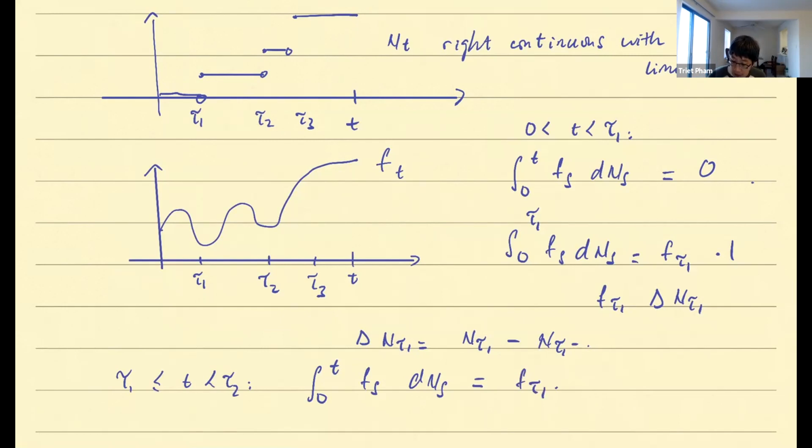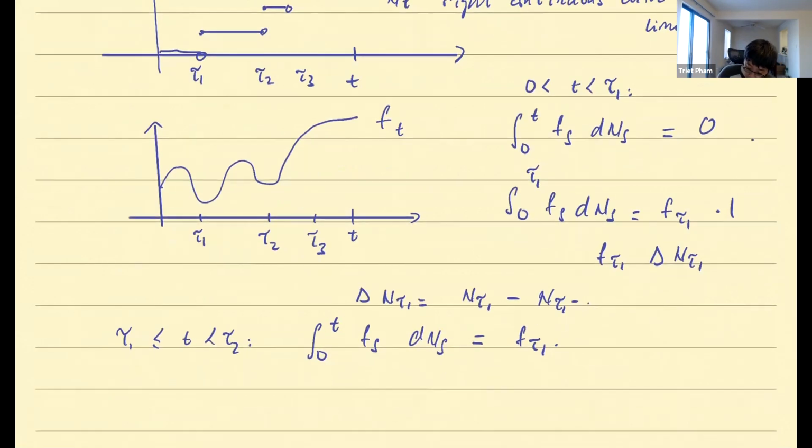Because it picks up this value right here when it goes across tau 1, and then it just stays there because there's no more jump. Are we okay with this? And then, of course, if you cross tau 2, what is this integral? I hope it's clear that's f(tau 1) plus f(tau 2).